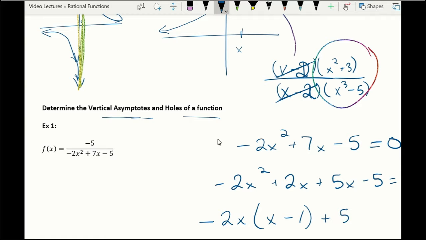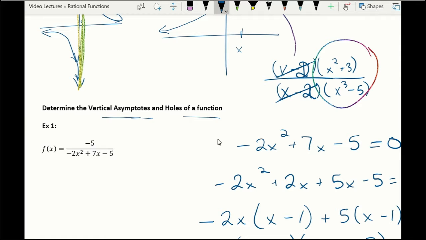Here we can pull out a 5 to get x minus 1. So we can pull out an x minus 1. We can pull out a negative 2 plus 5. So we can see these two values that aren't allowed in our domain are at 1 and 5 over 2.